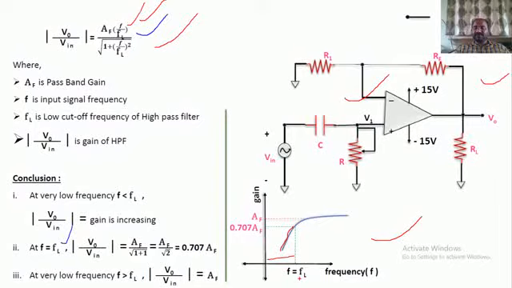But at F equals FL, it is 0.707 times the AF, and after FL and after some frequency components, this particular filter is giving the stable gain. So these characteristics we are seeing over here are the practical characteristics.